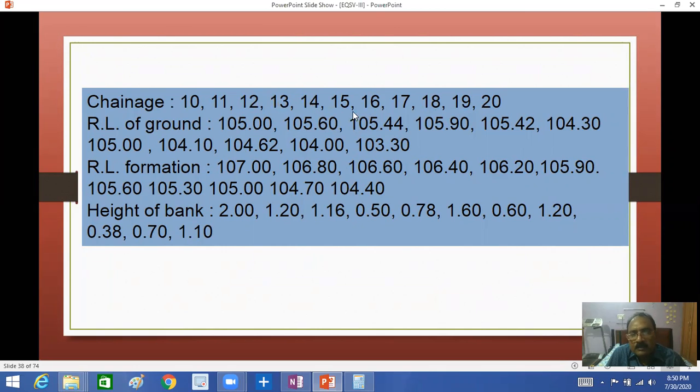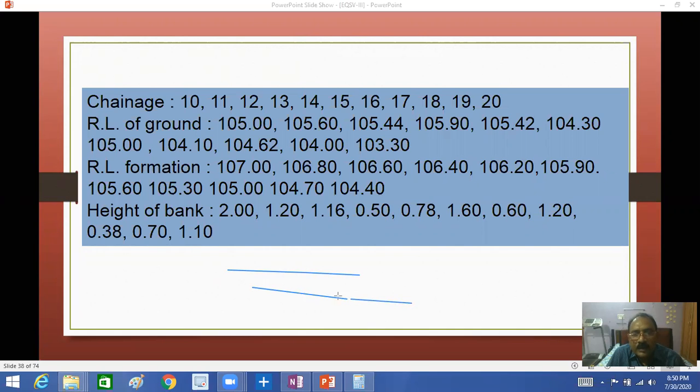From the 14th to 20th, that is 14, 15, 16, 17, 18, 19, 20, the gradient is 1:100, that is 1 meter for 100 meters. So here you have to observe that the slope changes. The first one has more slope, the second one has less slope.